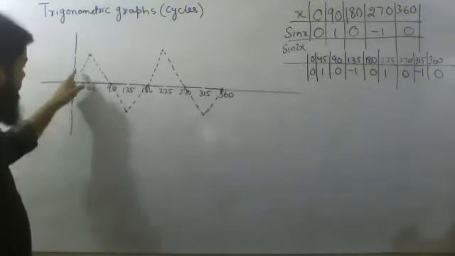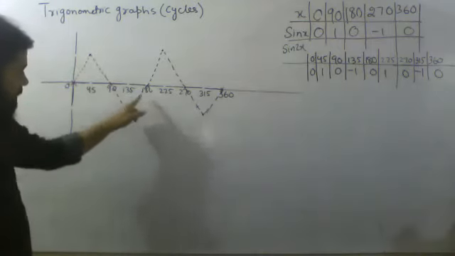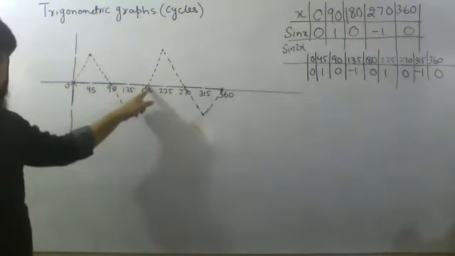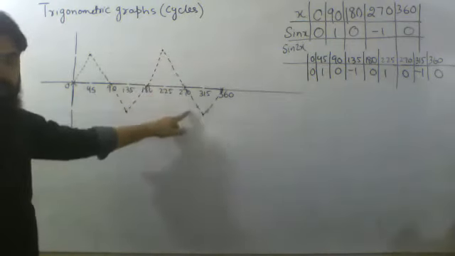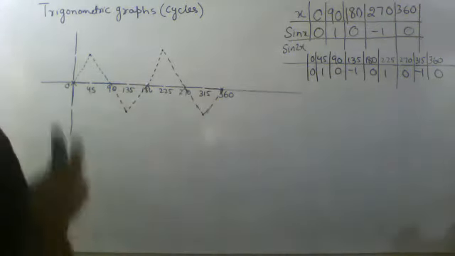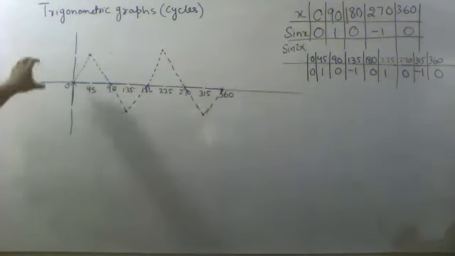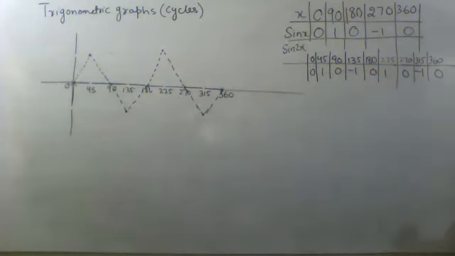One cycle starts from here, goes to the top, then to the bottom, and ends at 0. Then again, starting from 0, going toward the top, coming toward the bottom, then ending at 0. So you now have two cycles of sine in the range of 0 to 360 degree.